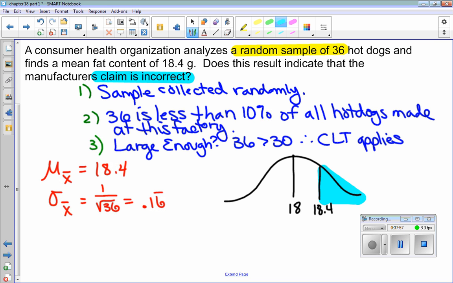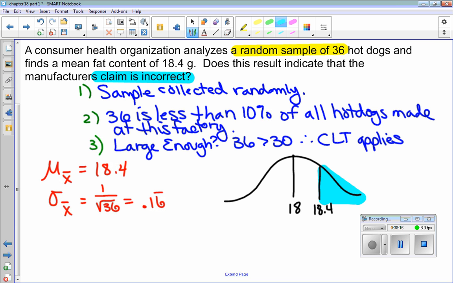We're not sure. Okay, but what we can find is what's the probability that I would get something like 18.4 or even larger? What's the likelihood that I would get something that's even bigger than what I got? Are you okay with what I'm saying?